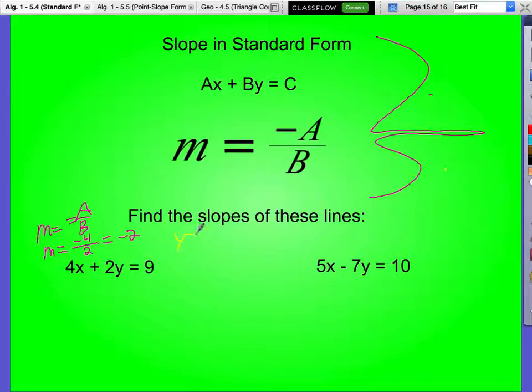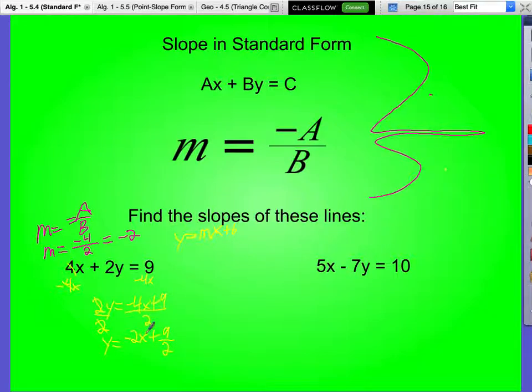Remember, slope-intercept form is y equals mx plus b, so we need what variable to be by itself? Y. So what would we do first in our quest to get y by itself? Subtract 4x. Very good. 2y is equal to negative 4x plus 9, and then what? Divide the whole side by 2, correct? So y is equal to negative 2x plus 9 over 2.